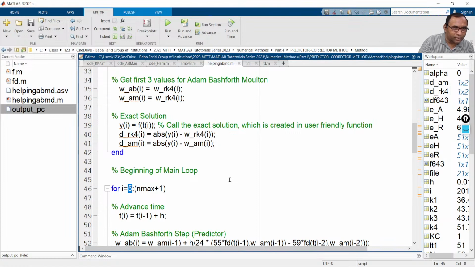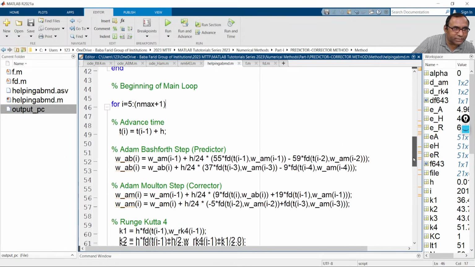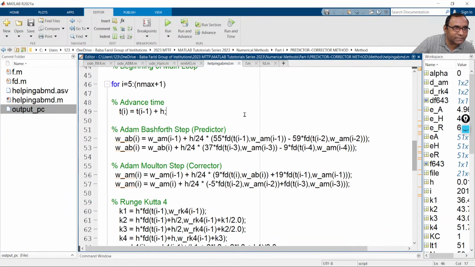Now i equal to 5 and beyond, for all the values. So this is the total number of sub-intervals, and the number of points will be n max plus 1. So we will apply the loop here. Now corresponding to this, we need to find all the points, and the advanced time will be given by this equation: t_i = t_{i-1} + h.